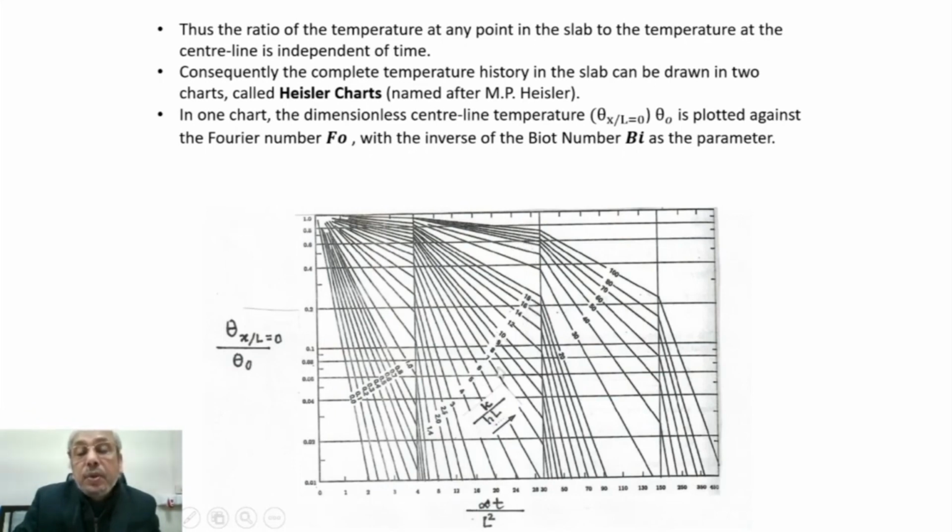It goes up to even higher values. Here it goes up to 100. So basically this is the inverse of Bi number. And this is the variation with time, non-dimensional time is this axis, which is given by the Fourier number. And the central line temperature will change, and this is the initial temperature.